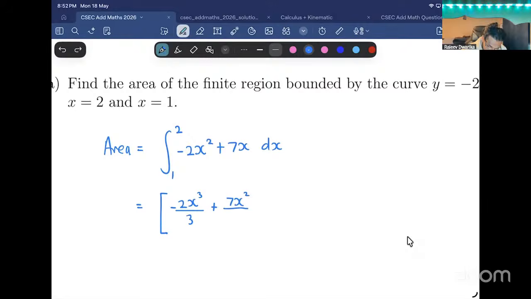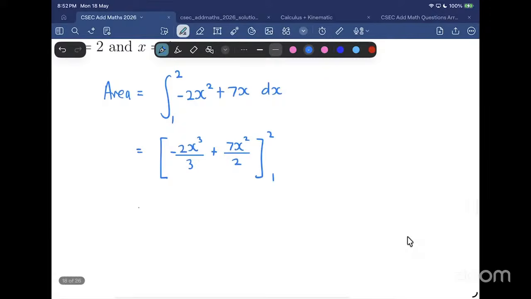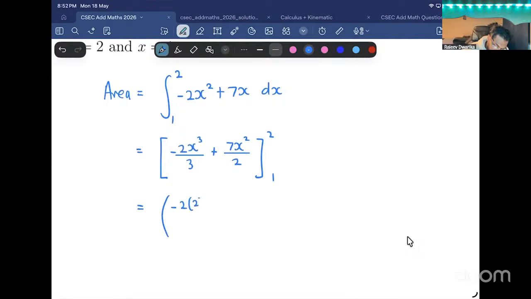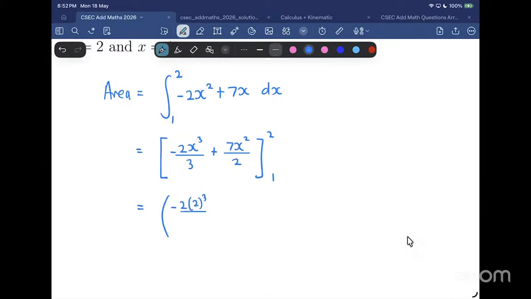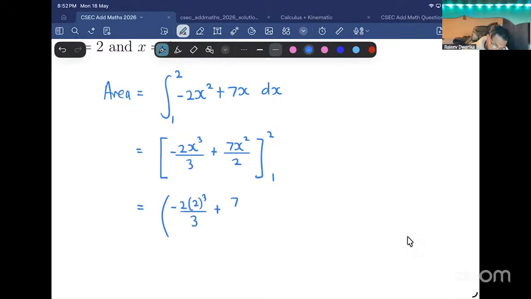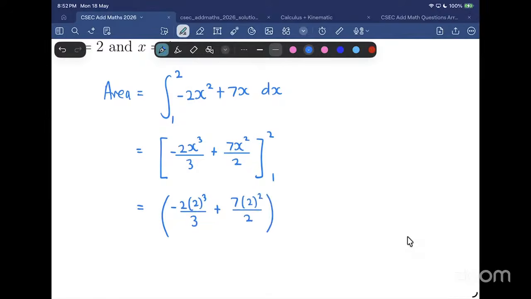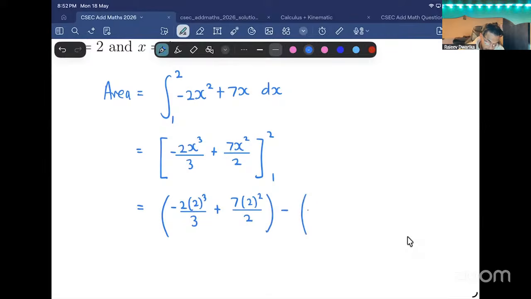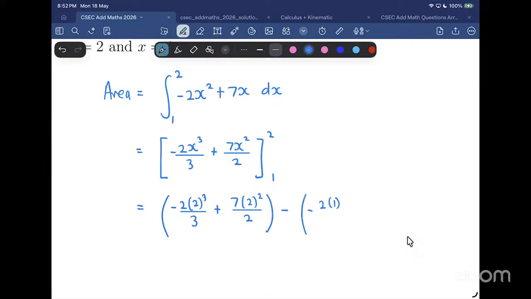Yep. The limits will be 2, 1. So I'll say minus 2 by 2 cubed all over 3 plus 7 by 2 squared all over 2 minus the same thing, but I'm just going to plug in 1 this time.